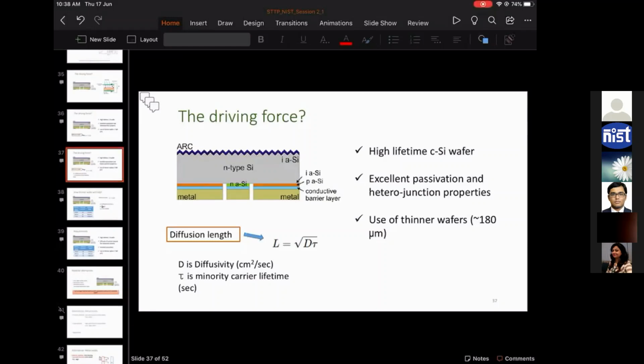If I want to measure the diffusion length for the majority carrier, then what will be the equation? And second, why is the minority carrier diffusion length important for this kind of solar cell?